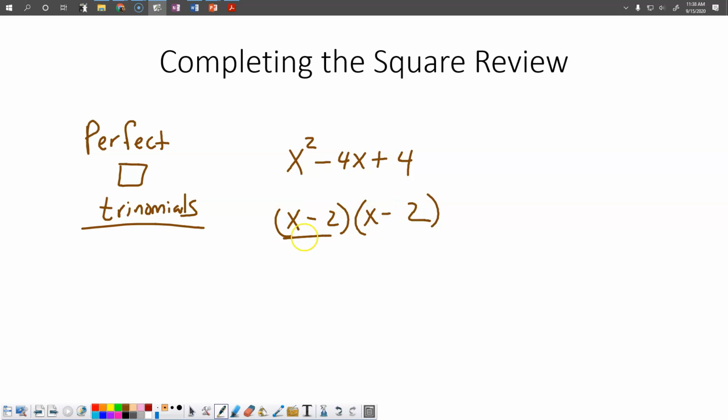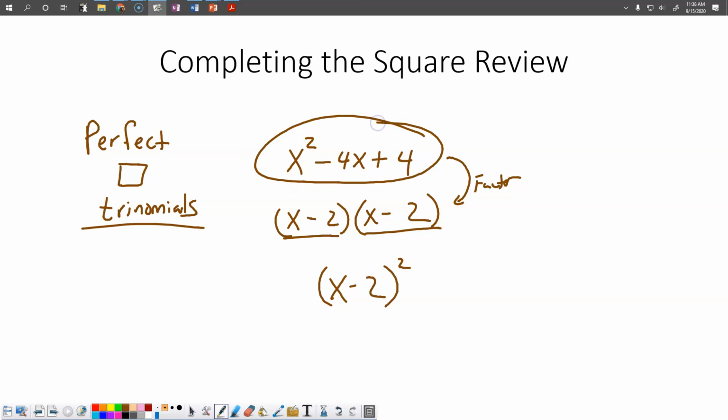And whenever you factor it, you get the same thing twice. And since you have it twice, you can write it as a square. And so this thing here is what we would call a perfect square trinomial, because when you factor it, you get the same thing twice, which makes it that factored squared. So it's called a perfect square trinomial.